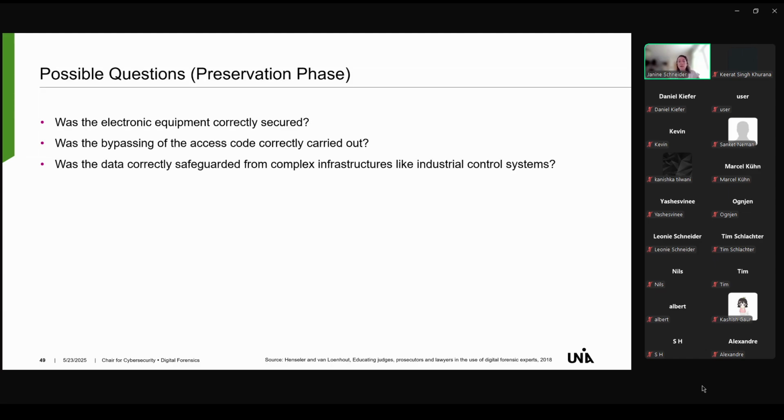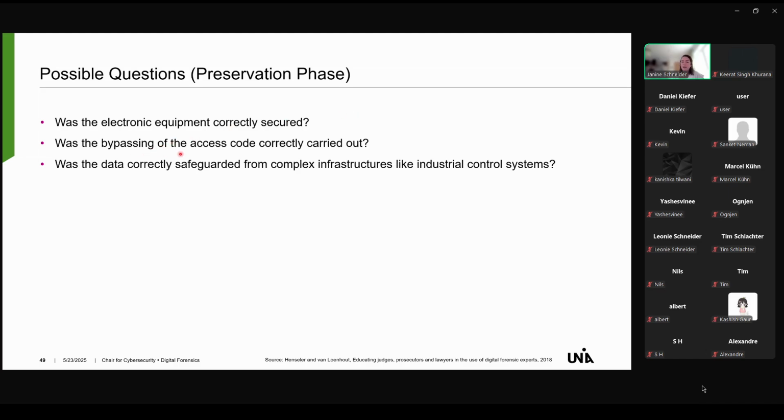Okay, so prepare yourself for questions regarding certain phases. For example, in the preservation phase, you might get asked, was the electronic equipment correctly secured? So was the device, the evidence, correctly secured?